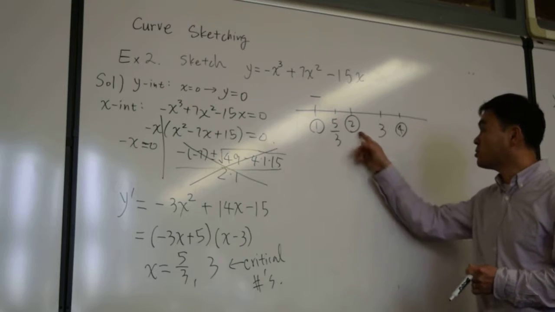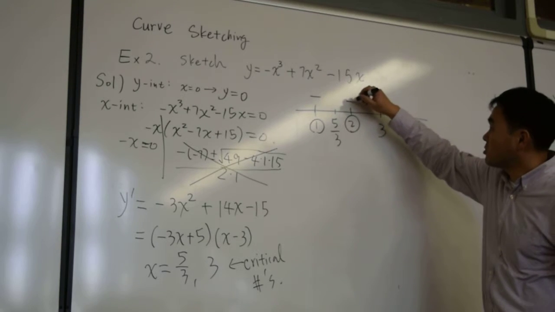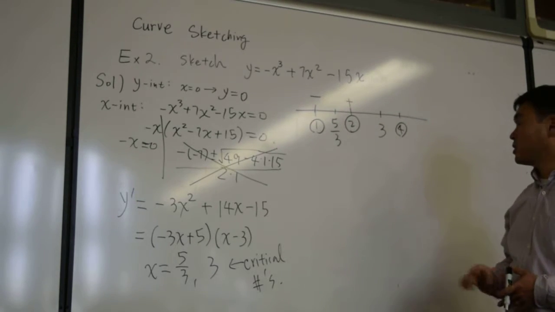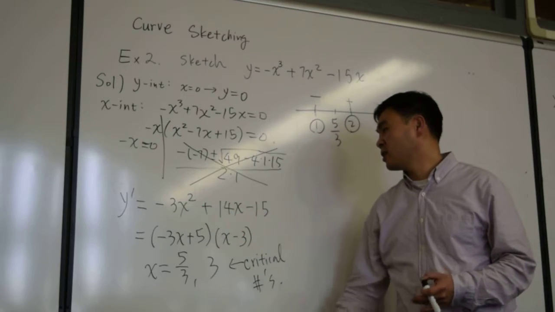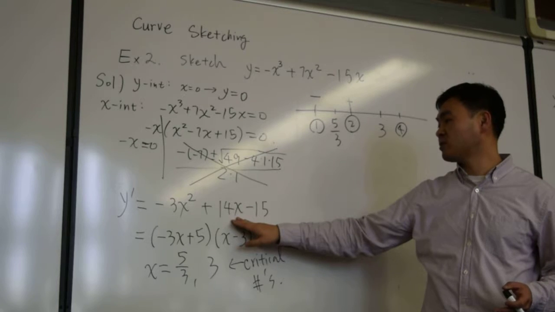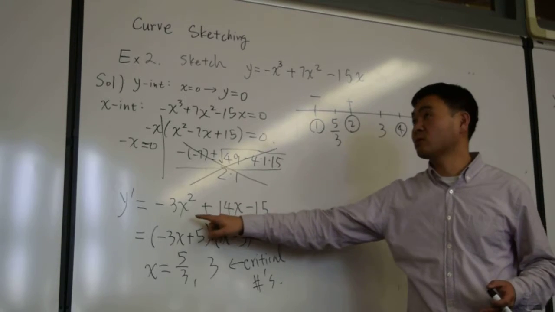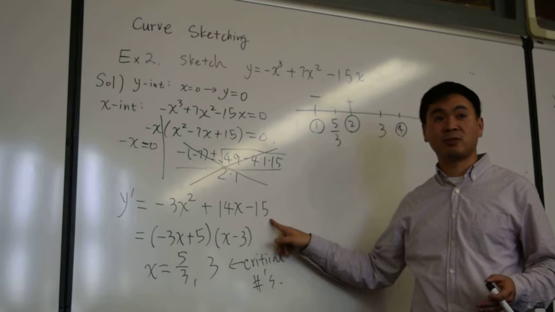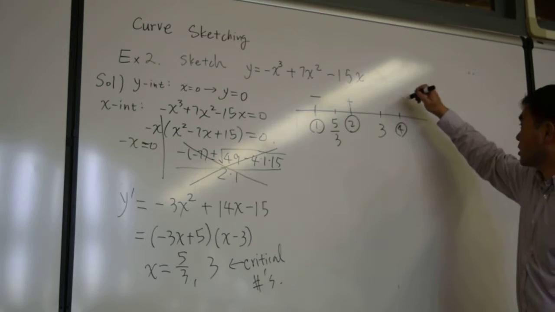So if you plug in 2, you get positive 1, which is plus. And then if you plug in 4, that's negative 48 plus 56 minus 15, so that's negative 7, so you get a minus value.